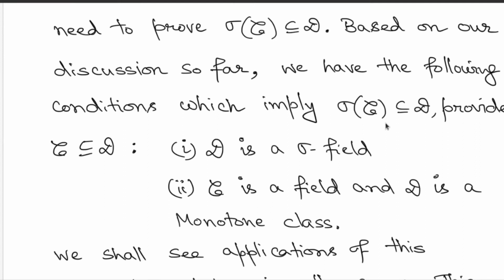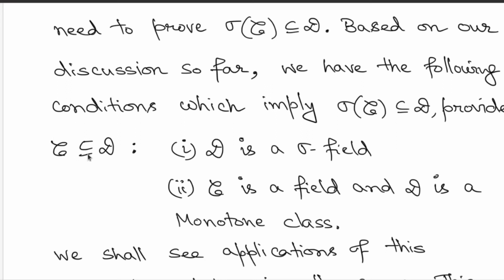The setup is that we are given script C is contained in script D, but I want to claim that the sigma field generated by script C is also contained in script D. So the first situation is this: if script C is contained in script D and D is a sigma field, then since the sigma field generated by script C is the smallest sigma field containing script C, by definition it will follow that the sigma field generated by script C is contained inside script D.